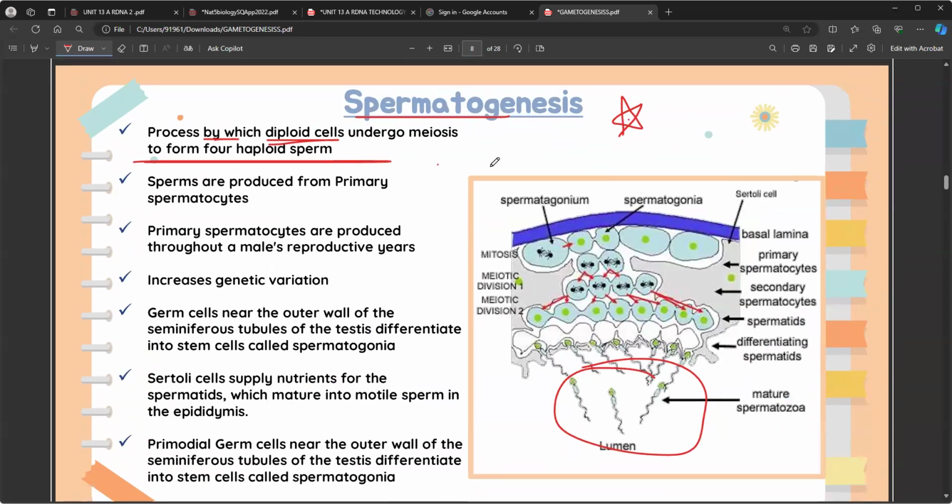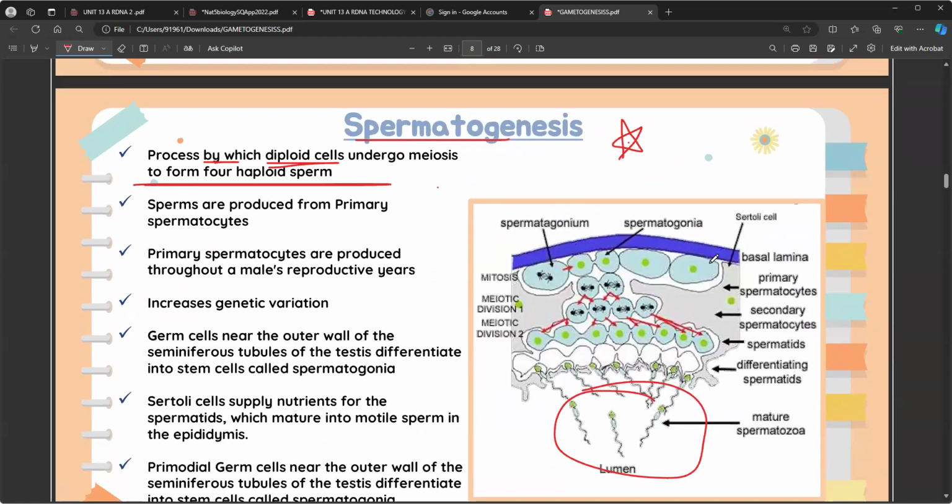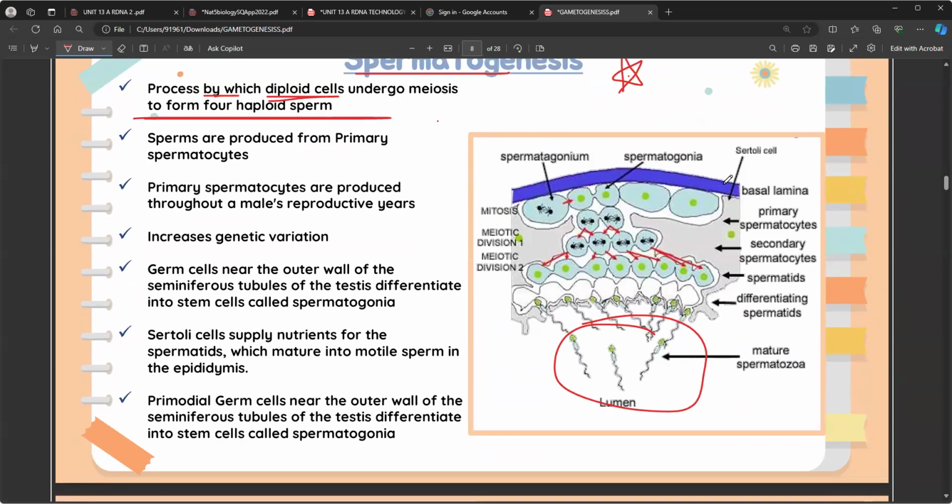Now, every student understand my words very correctly. Look into this. This membrane of the seminiferous tubule, we generally call it what, friends? Basal lamina. Don't get confused over there. Near this basal lamina, there are certain germ cells located.